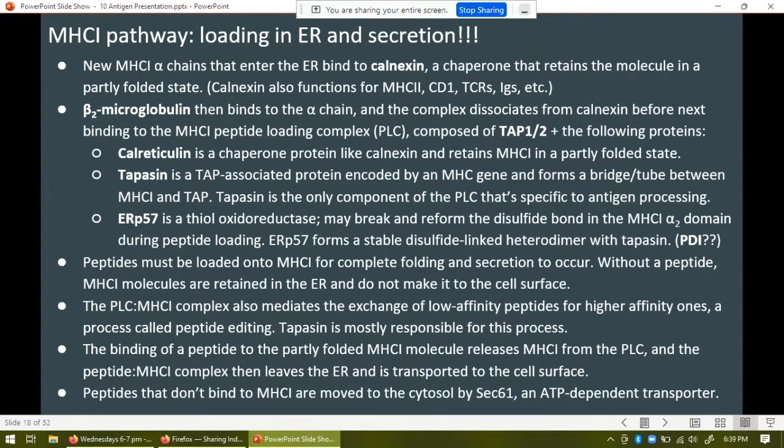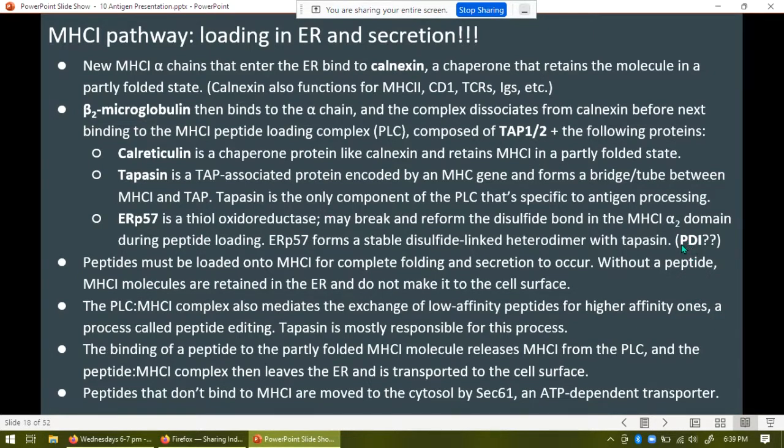Okay, so peptides that are imported by TAP sort of shoot through tapasin and into MHC1 where they bind, and then MHC1 goes to the cell surface, right? So tapasin is the only component of the peptide loading complex that's specific to antigen processing. These other proteins also are involved in other stuff. Tapasin is specifically immunological.